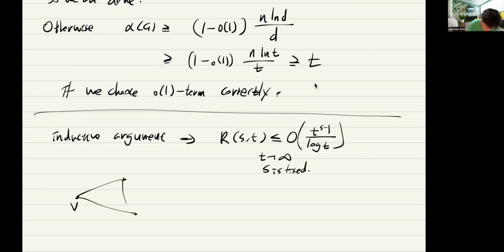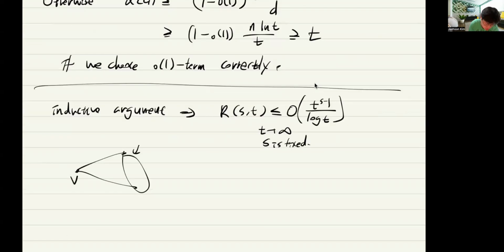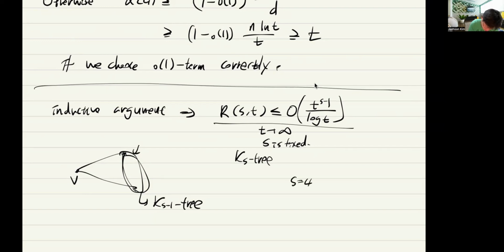If you have a neighborhood, in the previous one, you simply said that it is triangle free, so this is immediately independent. However, in this case, it is K_s free that you consider. So it's not an independent set right away, but this is now what? K_{s-1} free. So let's say s is 4. Then this is K3 free, so you apply the above result.